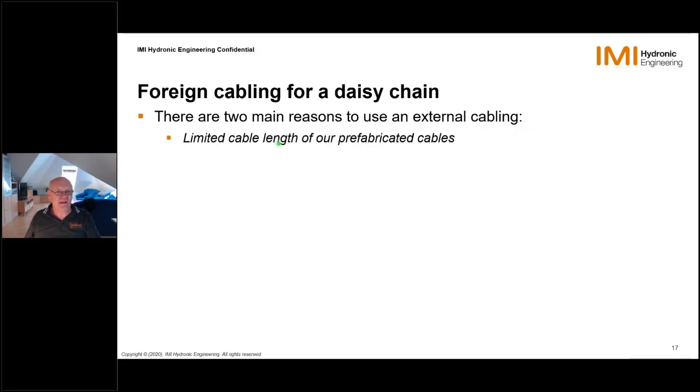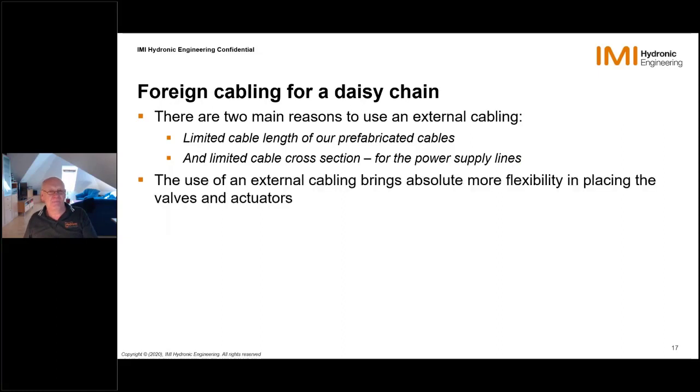Of course, the limited cable lengths, as we have already noted before, and then especially the limited cable cross section. And therefore, it is mostly the power supply line which is influencing this and not the data transmission.